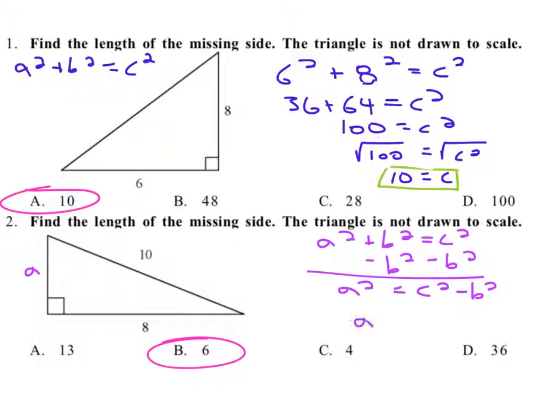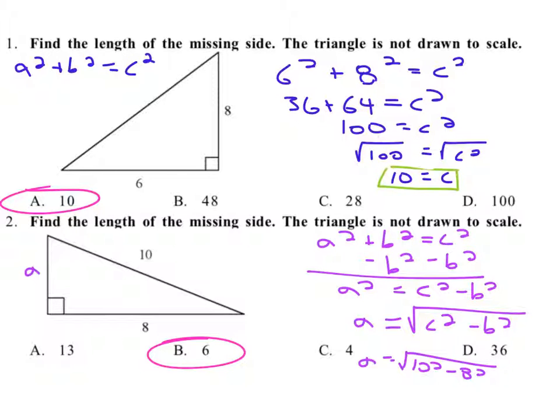And then the square root of both sides would give you a is equal to the square root of all of that. And then you could plug in a is equal to the square root of 10 squared minus 8 squared, and finish that out, and you could see that you'd get that answer.